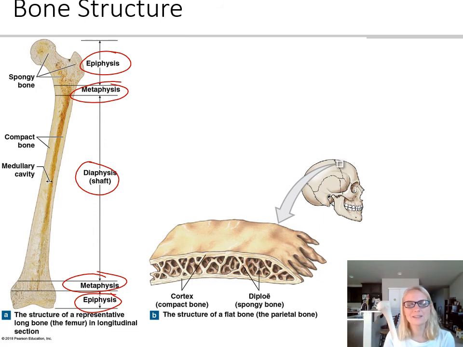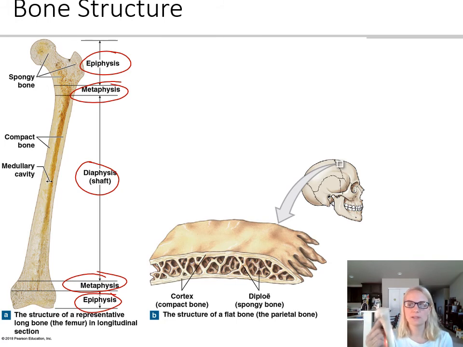And then inside, if I were to slice this bone open, which I don't have that model, we do have one in the lab, you'll see in the epiphysis these long bones are filled with what we call spongy bone, and we're going to talk about the difference between compact and spongy bone in the next video.